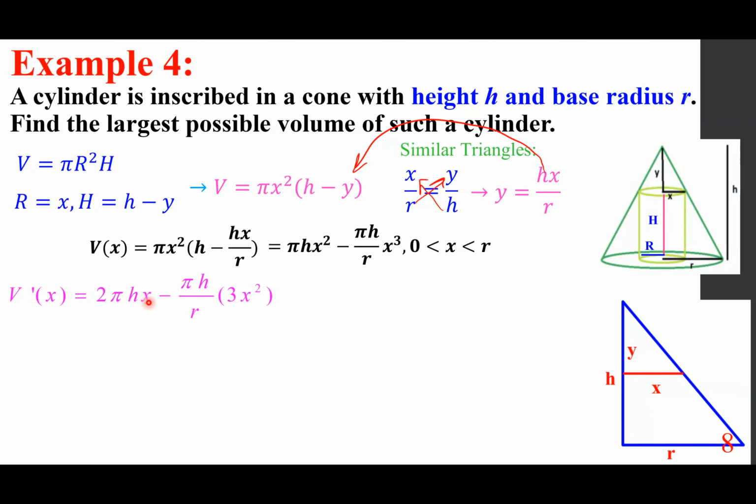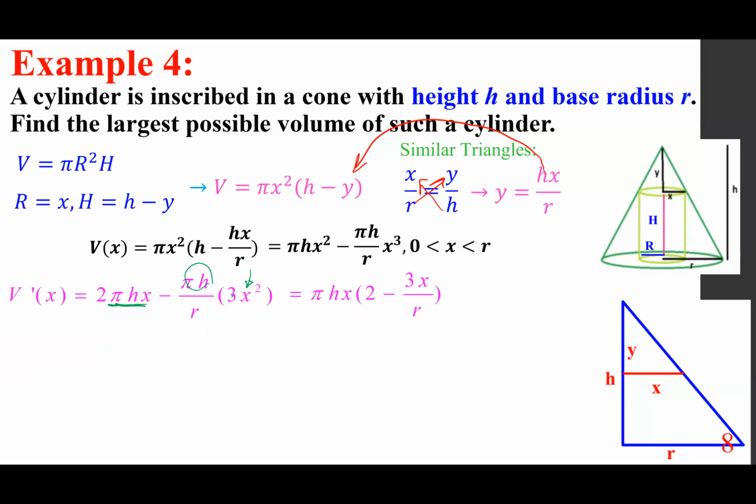This gives us 2. This gives us 3x over r. I hope you can see that. It's just factoring pi hx. So you're factoring pi h and one of these x's, and one of them remains.